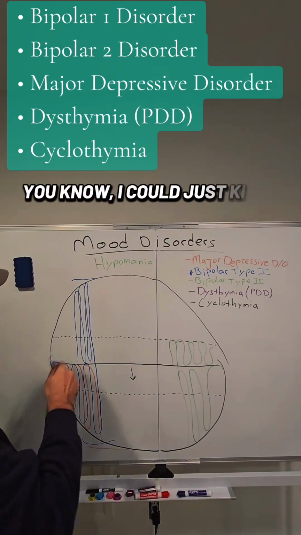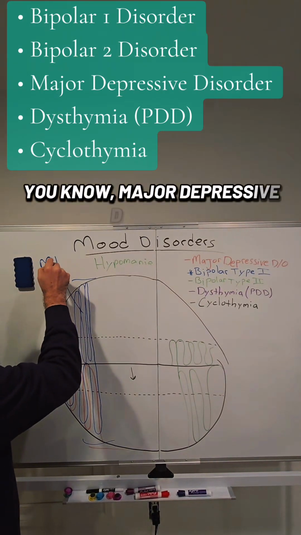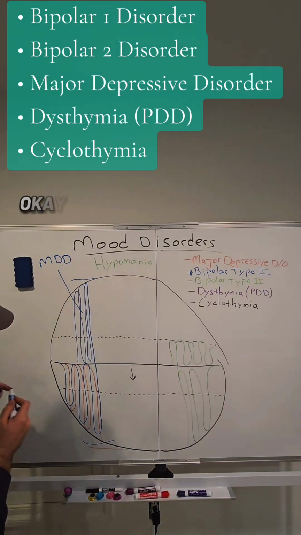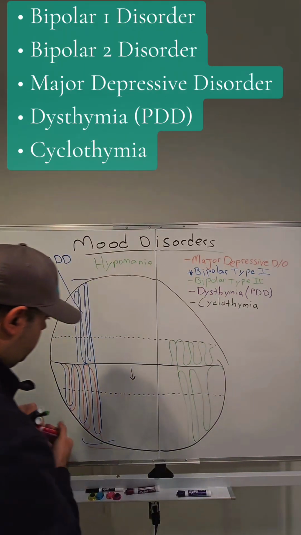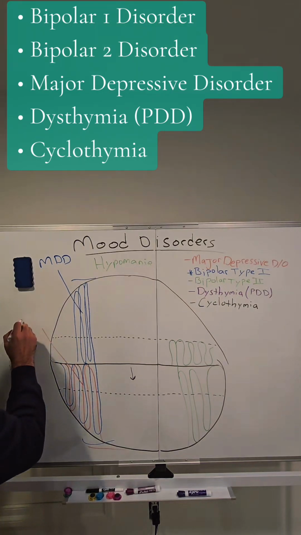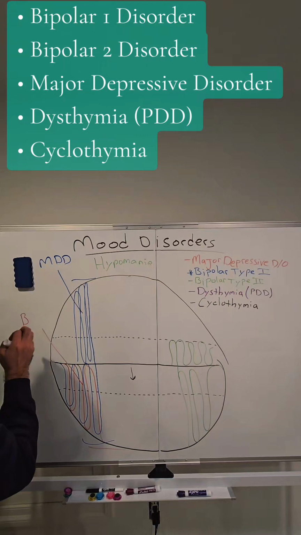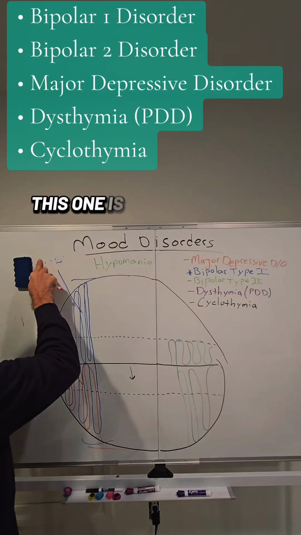And if I was going to label this, maybe labeling it would be helpful. You know, I could just say this is major depressive disorder. Okay? And you can do this one as bipolar 1. Excuse me. No. I take that back. This one is bipolar 1. Sorry.